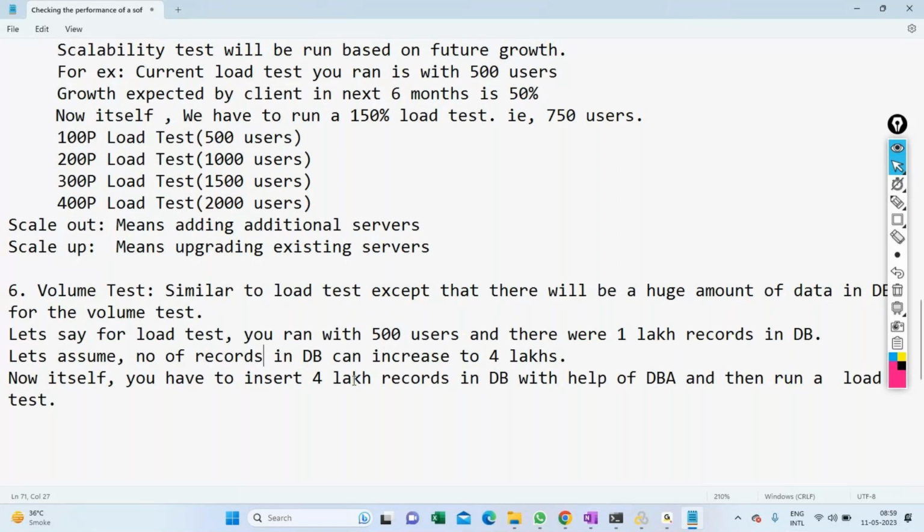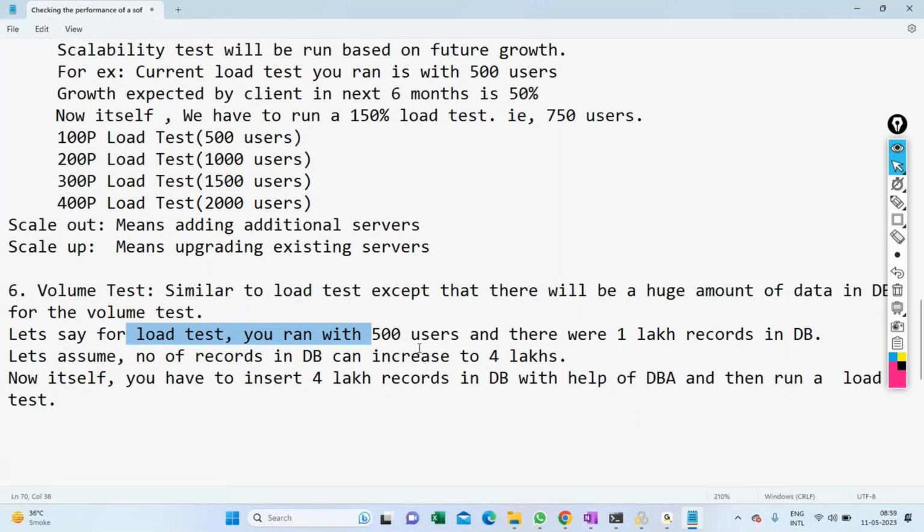It's not like it's recommended. If they feel that their database can have some issues. For example, let's say you run a normal load test and everything was working fine except you have some issues with respect to the database. In the load test itself, you saw some long running queries, or some performance degradation with respect to queries.